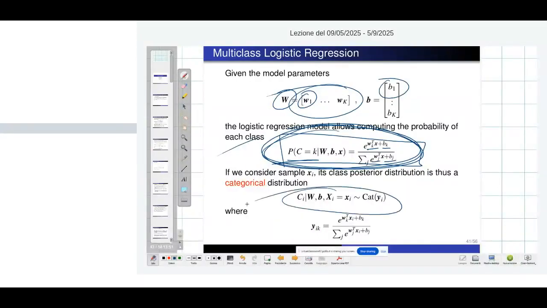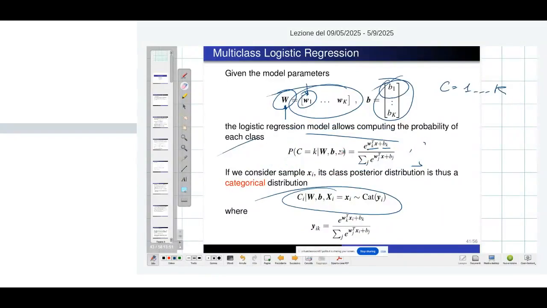As we said with the binary model, once we know the matrix W, so all the vectors W and all the biases, that allows us to compute the class posterior probability of all the classes. So we have a distribution where our class can be 1 out of K, and we are able to compute the class probability for all the classes.